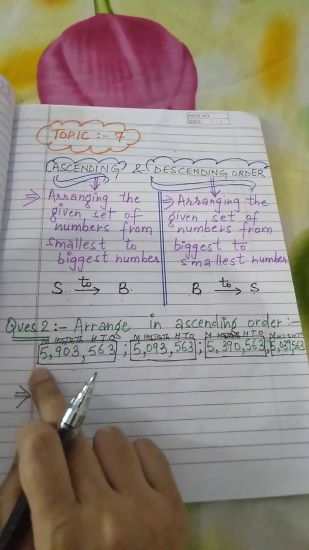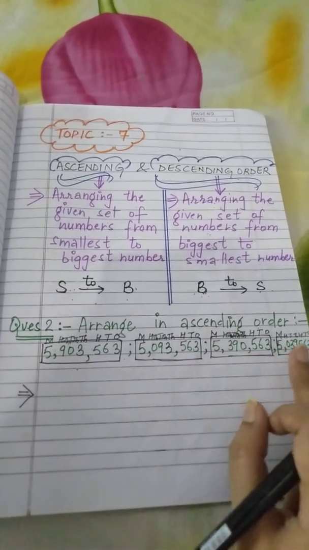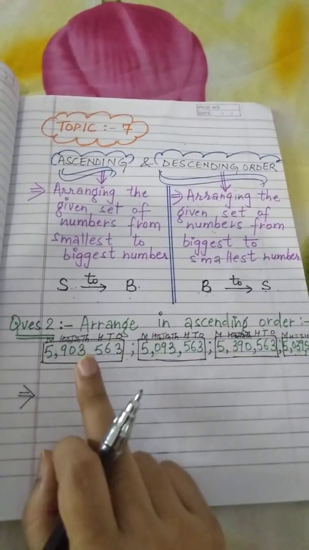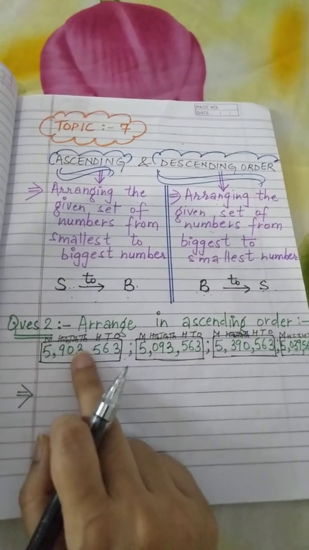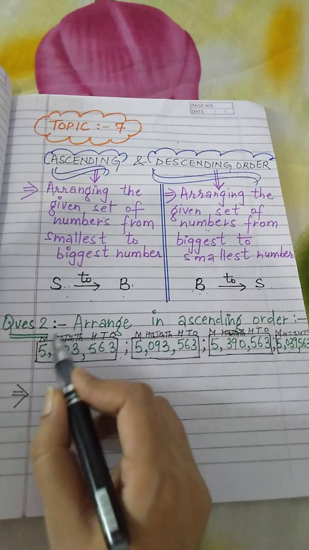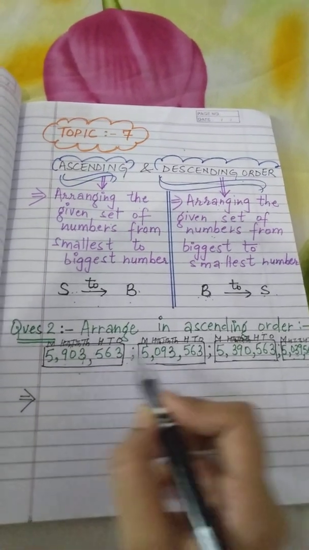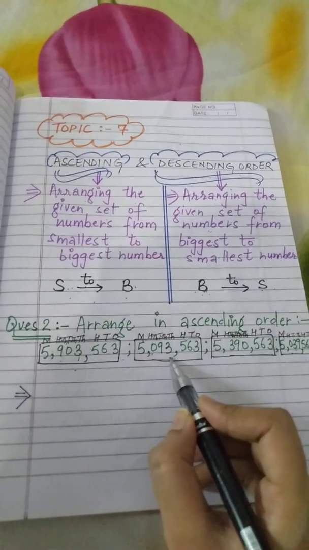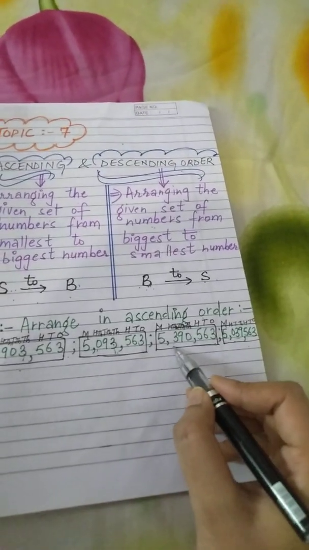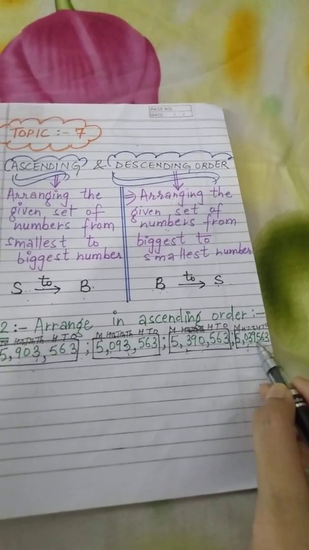So when the first period digit is the same, then we have to move to the second period, that is of 1000. In the 1000 period, there is 903 in the first number, 93 in the second number, 390 in the third number, and 39 in the fourth.